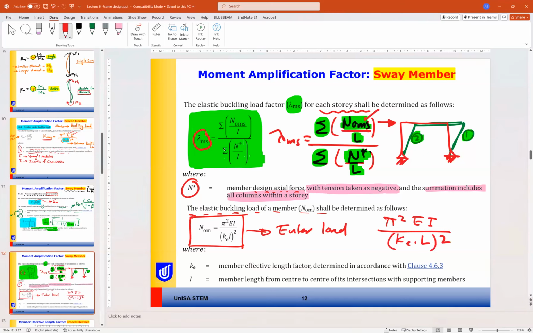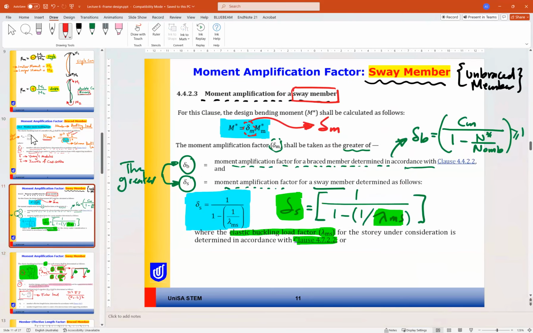So if you know Noms and N asterisk, you can find lambda ms. If you find lambda ms, you will be able to find delta s. If you know delta s and delta b, you can find delta m. So you can find the amplified moment M asterisk. Do you have any questions, guys, about that?